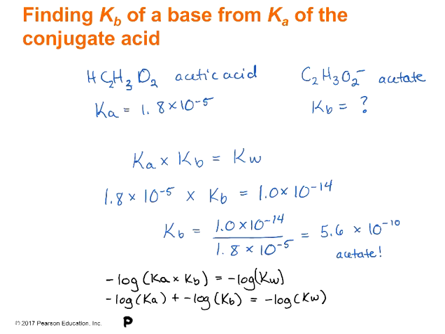And that would be the pKa plus the pKb, which is equal to the negative log of 1 times 10 to the negative 14th, that's Kw, and that is equal to 14. So this is really similar to pH and pOH, but this time we're using Kb and Ka values. So you can also use this equation for certain calculations.